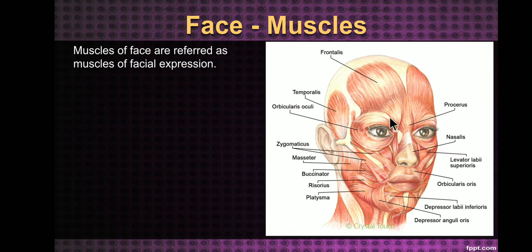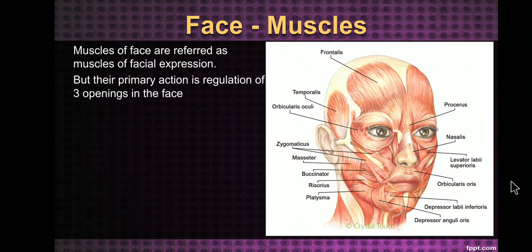That is, around the palpebral fissure, that is the eyelids, then around the nostrils or the external nose, and the oral fissure. So they act as sphincters and dilators of these three openings.